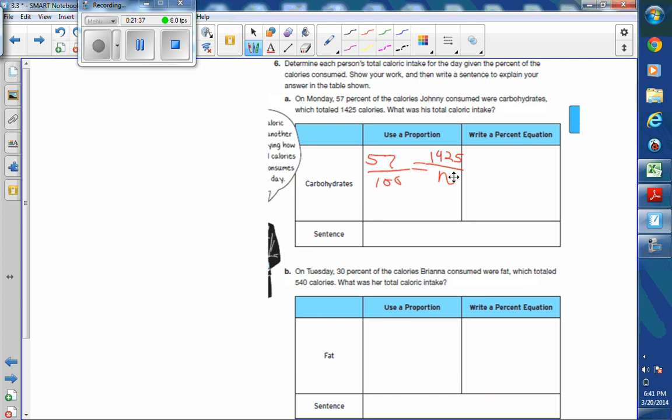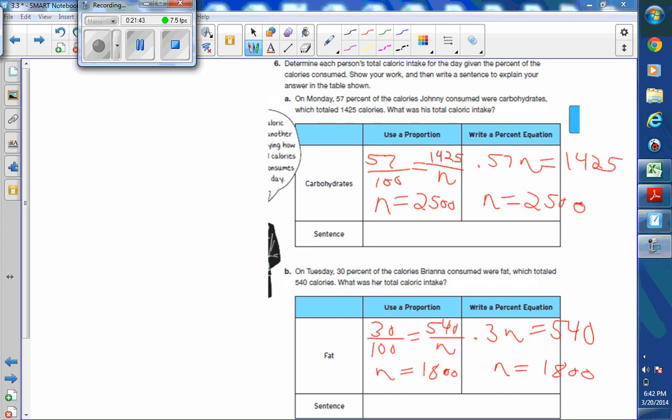Okay, go ahead, since I kind of helped you there, I want you to finish this up and then do the same one for fat. Even though I'm not showing all my work here, you really should. This is just so you can check yourself. But you should have set up the proportion for carbohydrates, 57 over 100 equals the 1,425 total carbohydrate calories over N, which is our total.